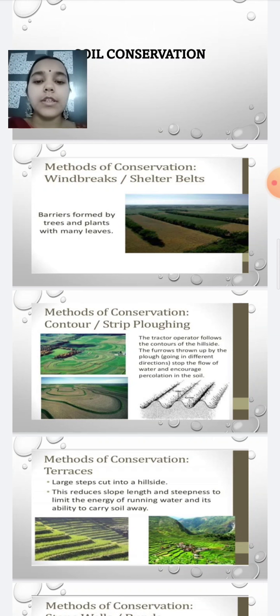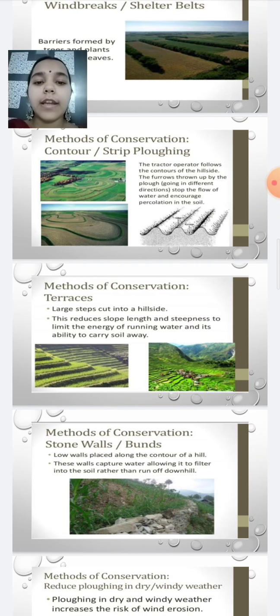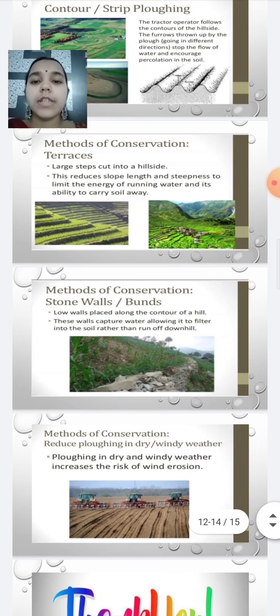Next method of conservation is contour or strip plowing. That is, the tractor follows the contour of the hillside, there the plowing is done, and then agricultural activities carry on, and hence it stops the flow of water and encourages percolation in the soil. Next method of conservation is terrace farming, that is large steps cut into the hillside.